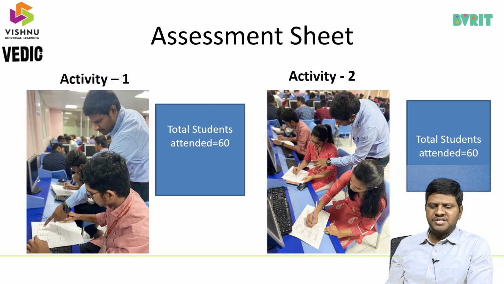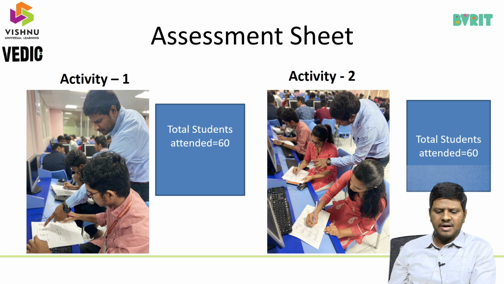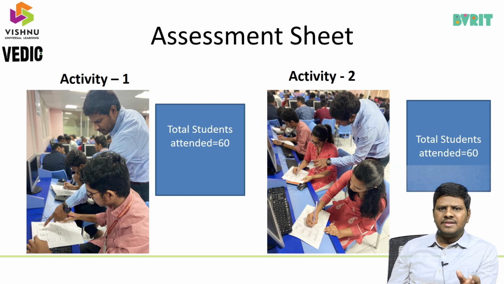And an activity assessment sheet also I have provided here, with the total number of students attended. By making them understand and giving a sheet and a list of words, they go through the words and they will understand the syllable division first. After syllable division, whether that is a verb or noun, then they go through our polysyllabic words also.